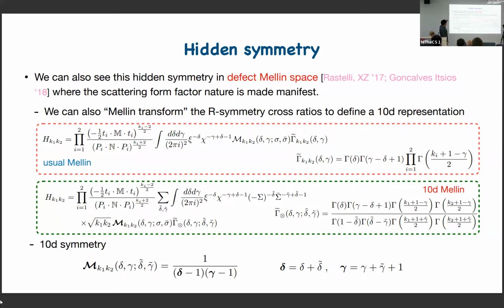Now, to manifest this 10D symmetry, instead of just doing the Mellin transform for the conformal part, you also do it for the internal part. So in a sense, you are defining some 10-dimensional Mellin space. The statement of hidden symmetry in this language is that regardless of your K1 and K2, the Mellin amplitude is the same and takes this very simple form.